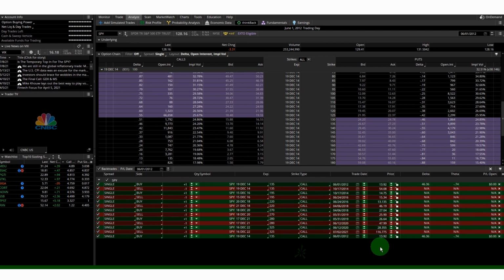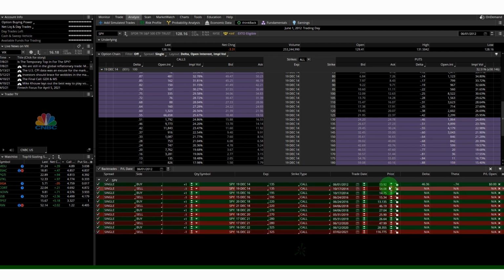You can see the premium you need to pay for one contract, which is $13.92. You need to times 100. I have put in all the records here already. So every time the candle touches the 50 weekly moving average, we will have an entry.